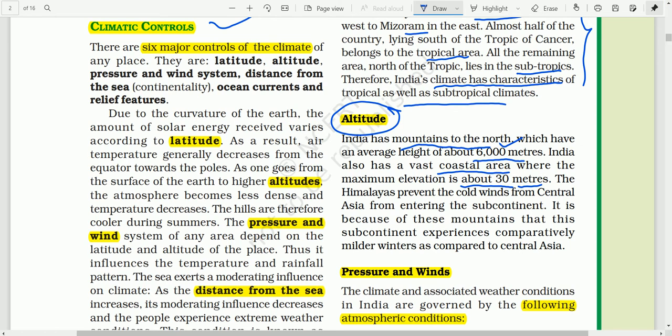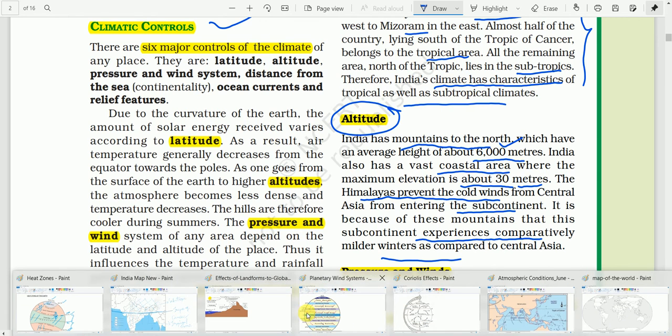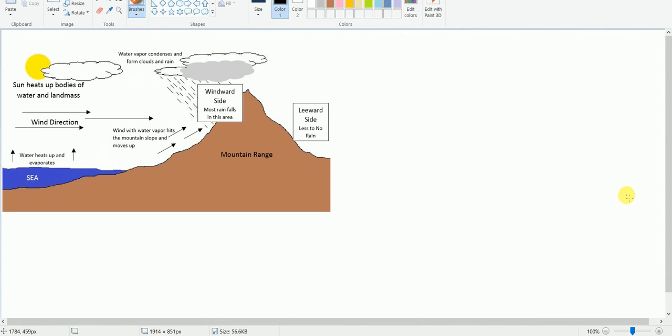And these Himalayan mountains prevent cold winds from Central Asia from entering the Indian subcontinent. It is because of these mountains that this subcontinent experiences comparatively milder winters as compared to Central Asia. Okay, now let us see how the Himalayan mountains affect the climate of India.